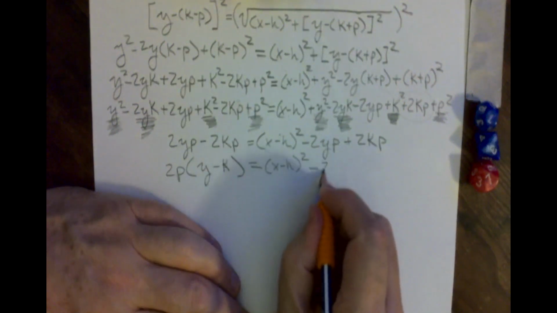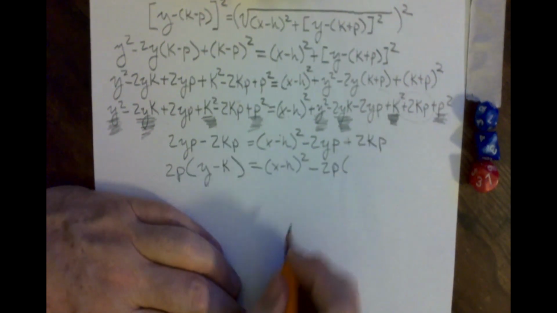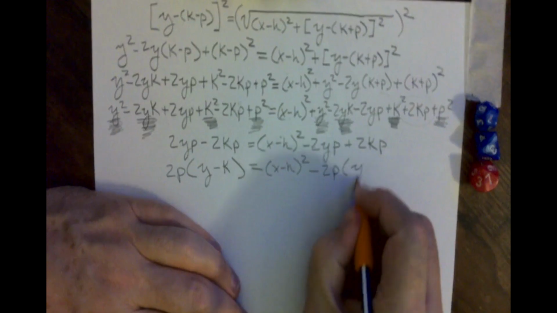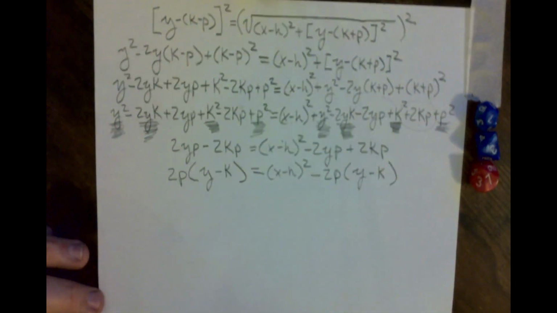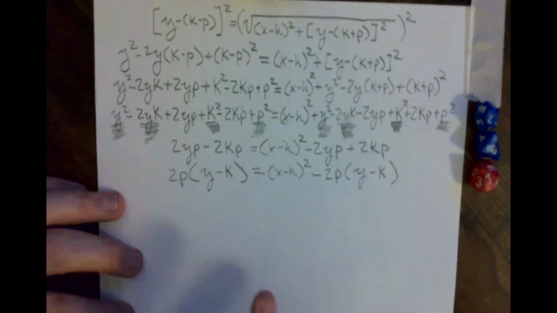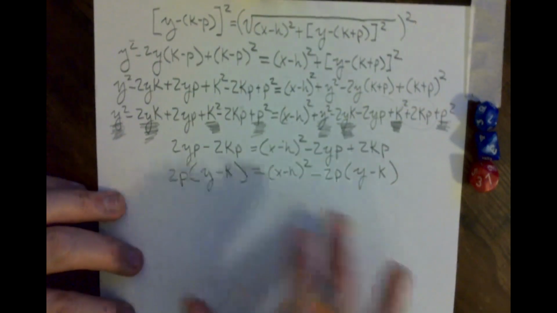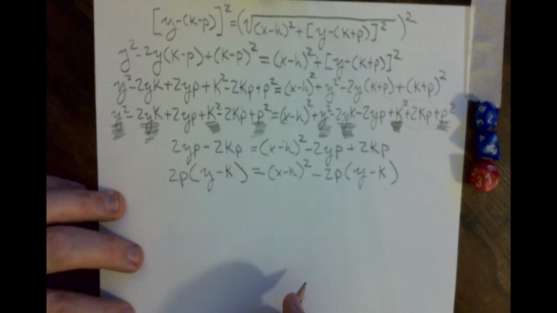So we can take out a negative 2p here. Get y minus k. But we can just move those terms. We don't want to factor that.